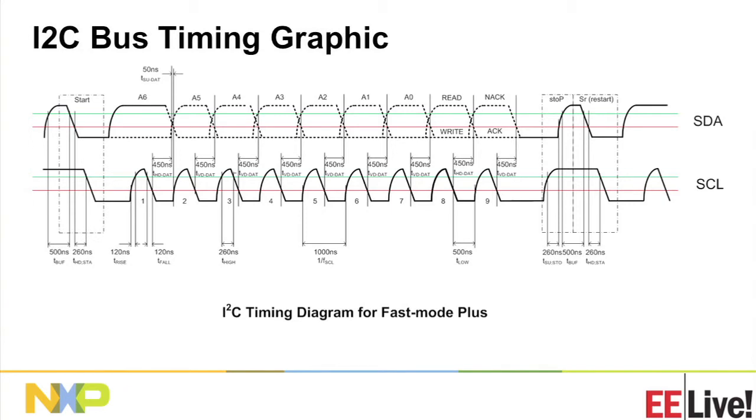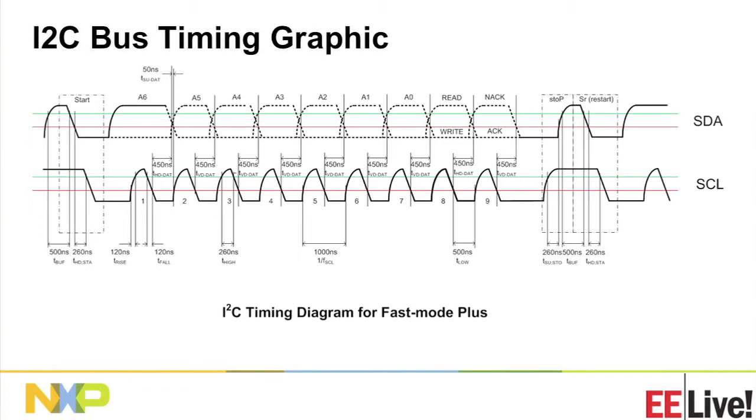This is an accurate drawing of the I2C signal, clock and data, and it is drawn geometrically to represent the faster speed, the FM plus speed, which means that the clock can go up to 1 megahertz or 1,000 kilohertz. You'll notice that the clock signal is not the nice square thing that you saw in the textbook.